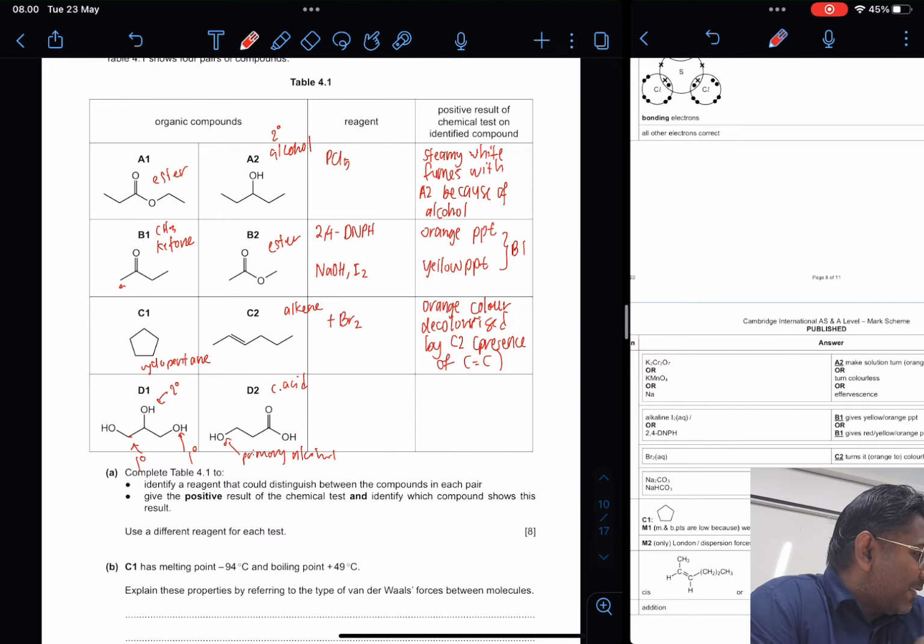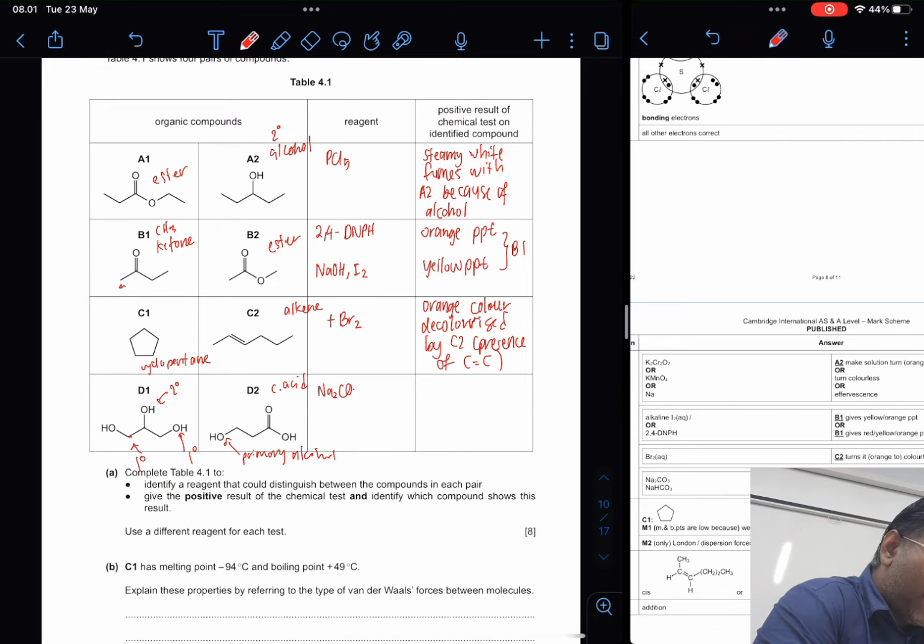Carboxylic acid will react with sodium carbonate to give you carbon dioxide, because alcohol does not react with sodium carbonate. So the carbon dioxide you can test using lime water. So here you react with sodium carbonate. So what happens?